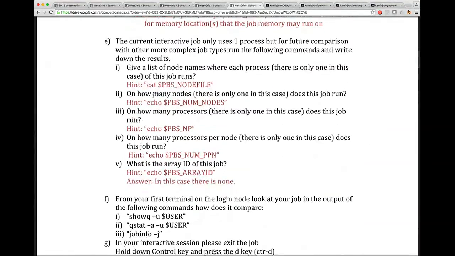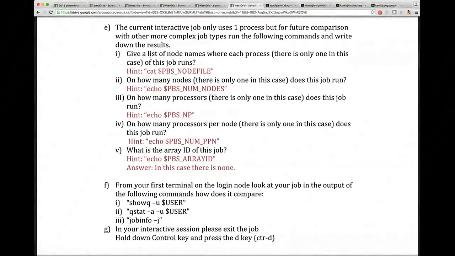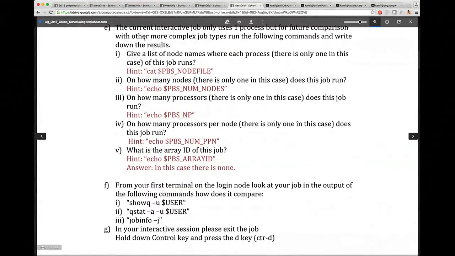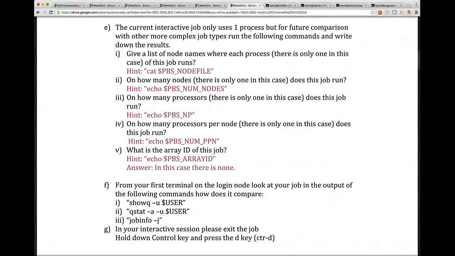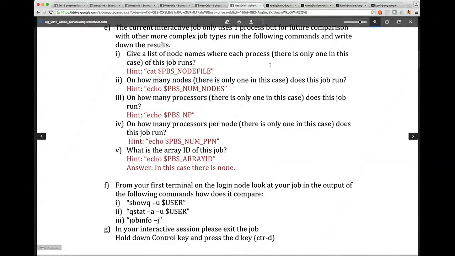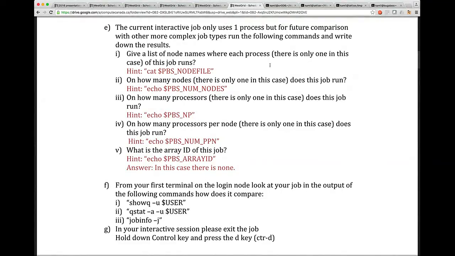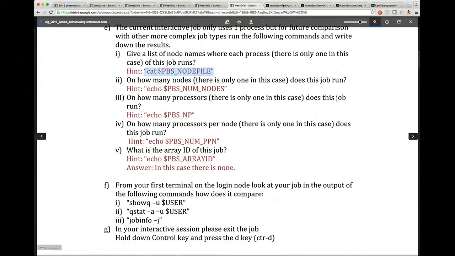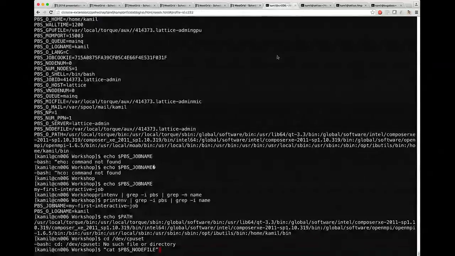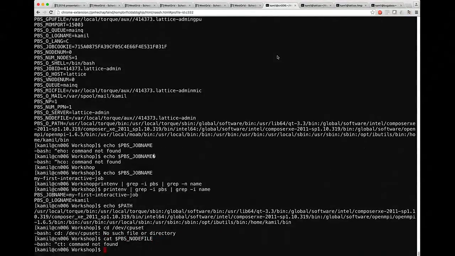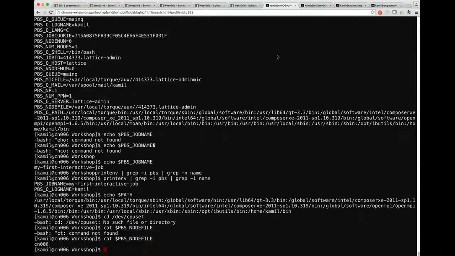So let's look at part E. The current interactive job uses only one process, but for future comparison, we're going to run a few more of these. There's a PBS node file.